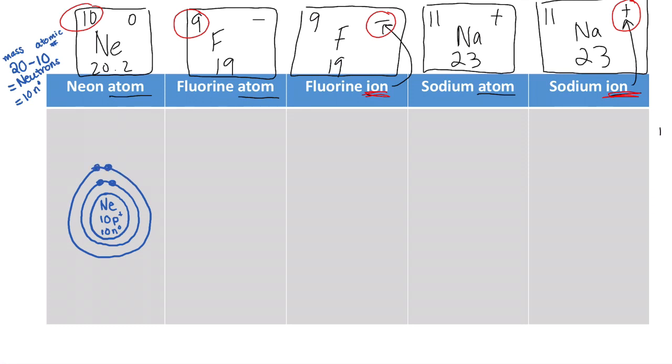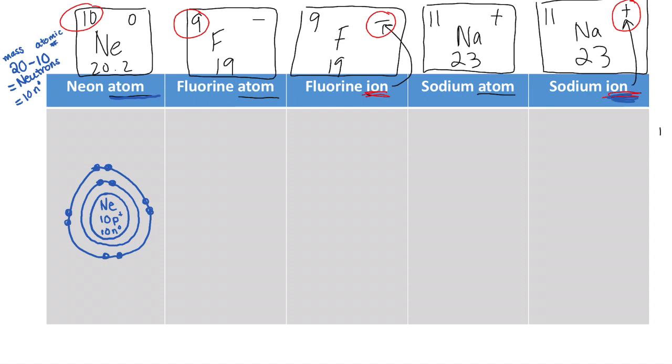So 1, 2, 3, 4, 5, 6, 7, 8. Moving around, keeping the electrons paired to make it easier for you to keep track of them, you should have a total of 10 electrons if you were to count those out, which we do. Now, that was for an atom, as shown here.